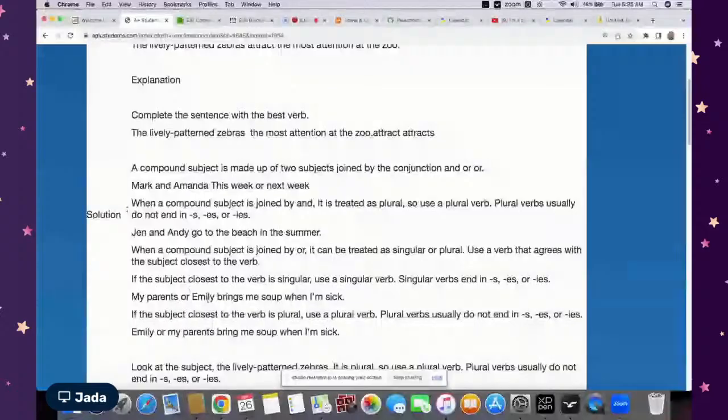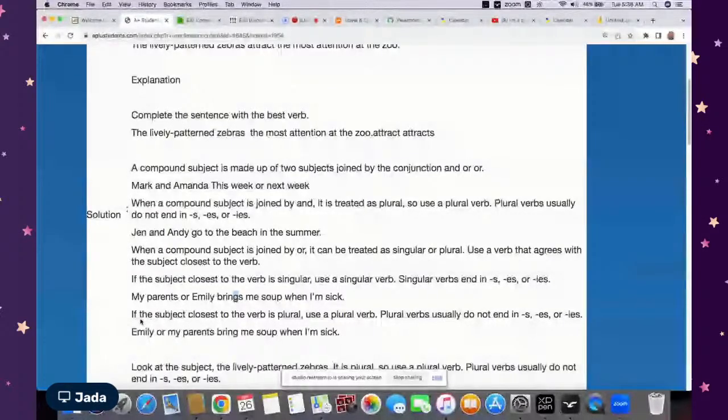So the last one is what? Emily here. And Emily is just one person. So it's the last subject. So now, brings me soup when I am sick. Because it's Emily here, referring to one person, you are gonna have what? A singular verb, which is brings with S.